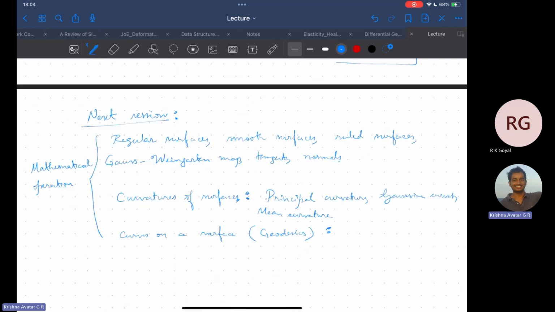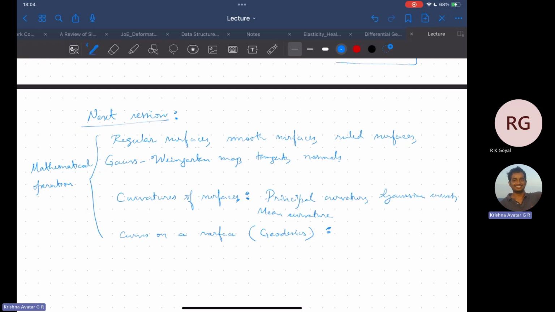Then we look at all the finer details. We'll start with regular surfaces and also discuss what are called smooth surfaces. Essentially, all the surfaces that we'll be discussing in differential geometry, especially from an engineering perspective, need to be smooth surfaces. There should not be any discontinuities. All the derivatives must be continuous.